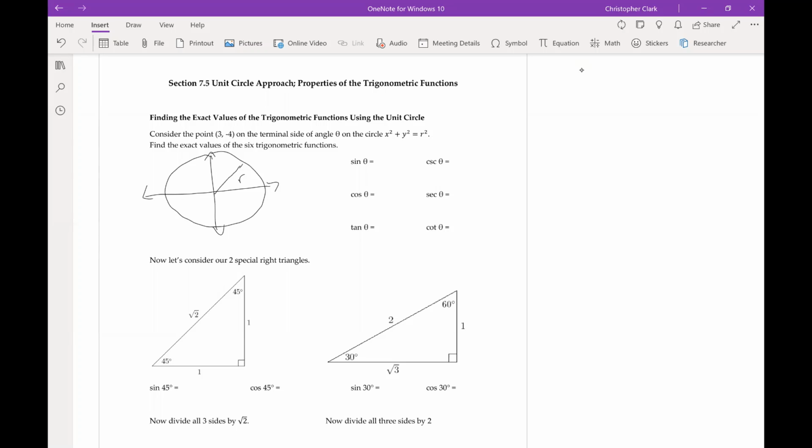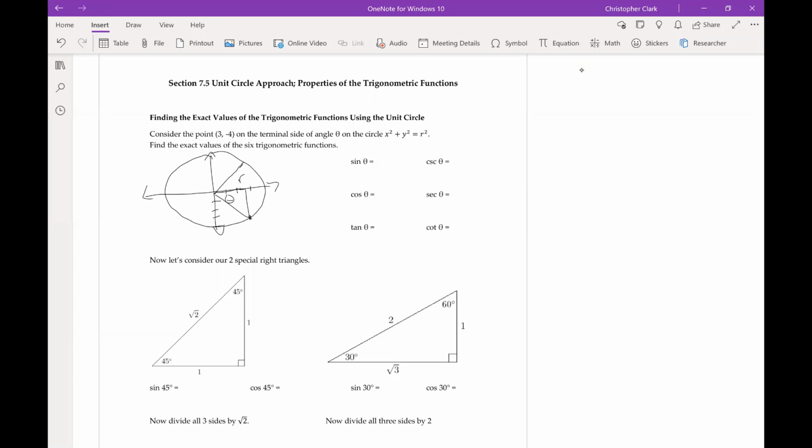And the point in question is (3, -4). So we're going to move over, let's do 1, 2, 3 in the x direction, and then in the negative y direction, 1, 2, 3, 4. So that's, call it about right here. So this is our angle theta.